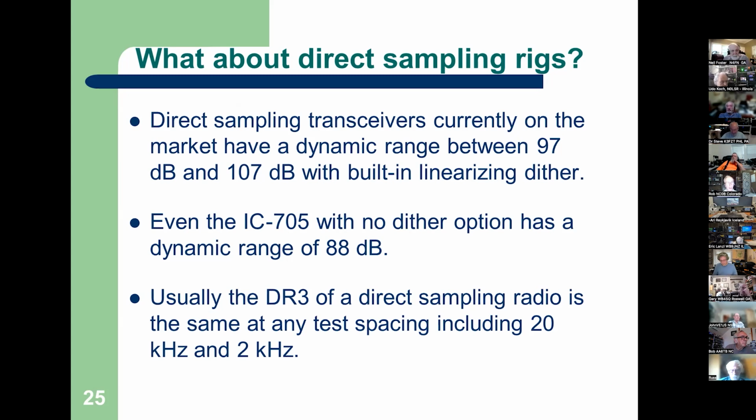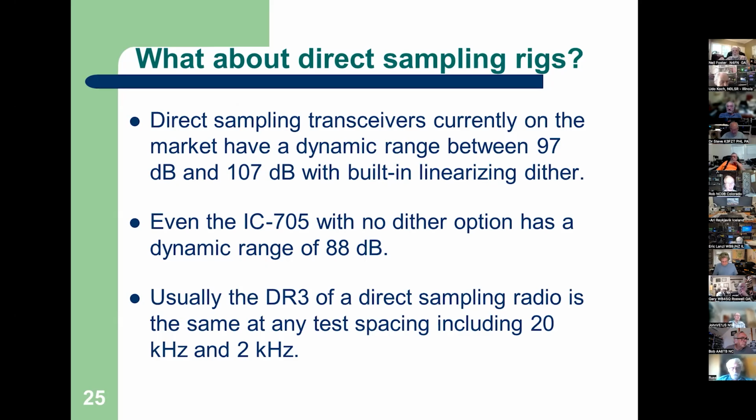But even the ICOM 705, which is that QRP rig that covers 160 to 70 centimeters, doesn't have that linearization dither option, but still the dynamic range is 88. Who's going to complain about that? I'm saying that 90 up is more than you probably are ever going to need most of the time in normal RF environments.